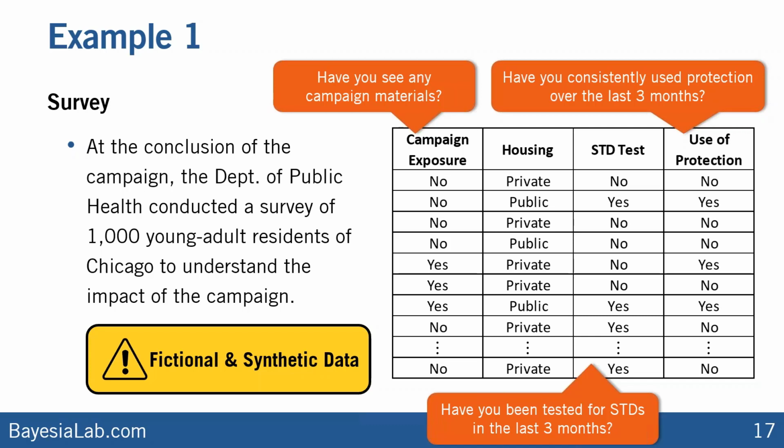That was not directly asked, but rather inferred from the respondent's address. The third question was, have you been tested for sexually transmitted diseases in the last 3 months? And finally, the principal objective: have you consistently used protection in your sexual encounters over the last 3 months? Those were the questions.